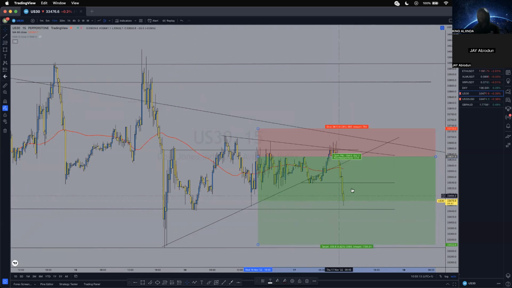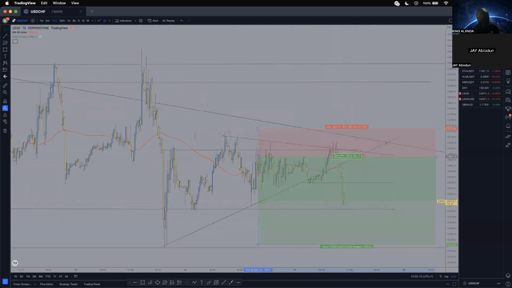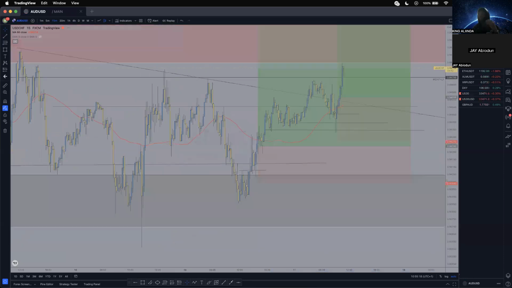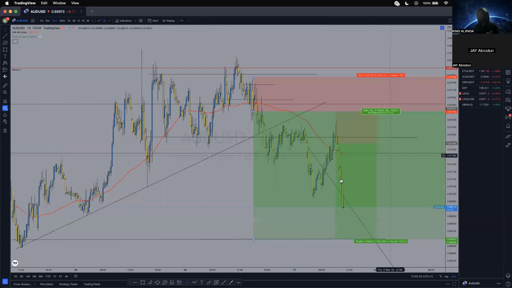Now these trades will make back the loss and give me more profit. If this one hits take profit and this one hits take profit, I make back the loss and even get profit for the week.